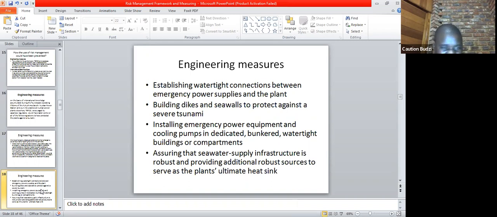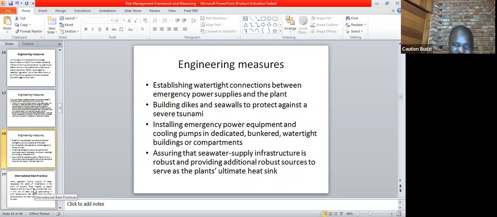The last engineering measure was assuring that the seawater supply infrastructure is robust and providing additional robust sources to serve as the plant's ultimate heat sink. So these are the few measures which could have been implemented with regard to engineering.